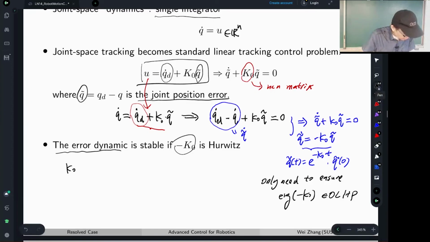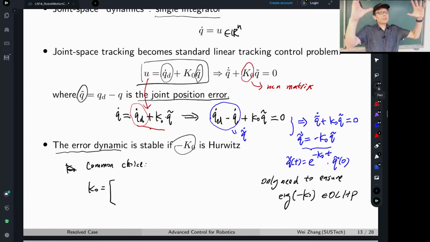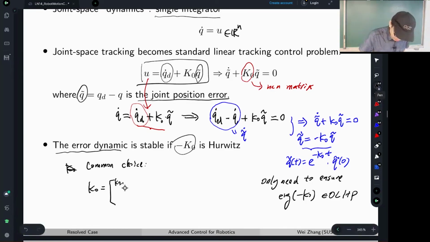So a typical, common choice is a K0 matrix, n by n, which can specify n squared numbers. But typically we'll just say K01, K02, all the way to K0n, and all the other parts are 0.